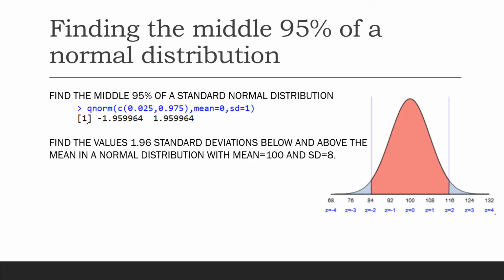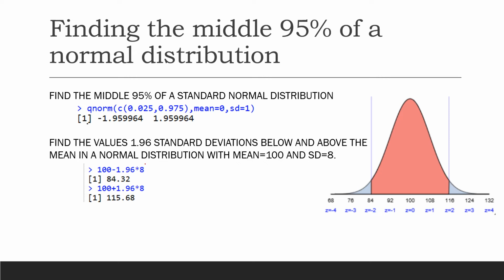Now, if I find the values that are 1.96 standard deviations below and above the mean in a normal distribution with a mean of 100 and a standard deviation of 8, I take the mean and subtract 1.96 times 8, which gives me 84.32, and then take the mean 100 and add 1.96 times the standard deviation of 8, which gives me 115.68.